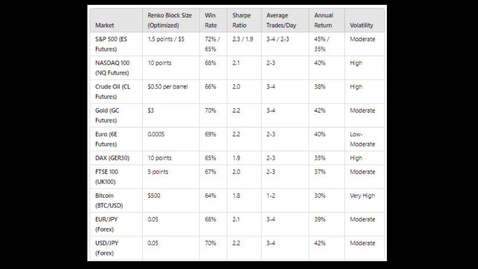For example, Bitcoin, there you can see a block size of around $500, very high in terms of volatility, whereas something with low to moderate volatility like the Euro futures, I think that's the Euro USD, you can see I'm only using a 5 point block size there, 0.0005, just to generate similar results. So a table there to give you some ideas and something you can take away and play with.